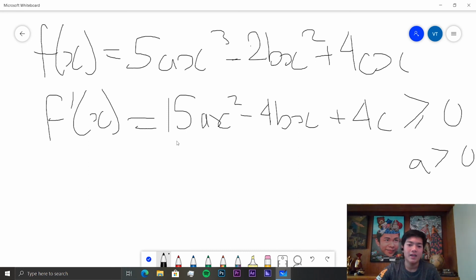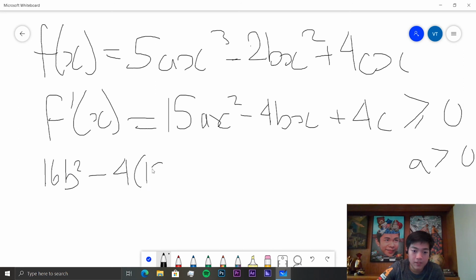Or sorry, no. This means that the discriminant has to be less than or equal to 0. So in this case, 16b squared minus 4 times 15a times 4c must be less than or equal to 0.